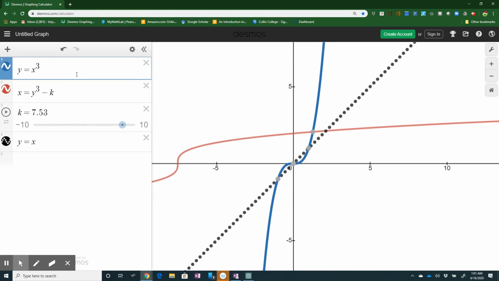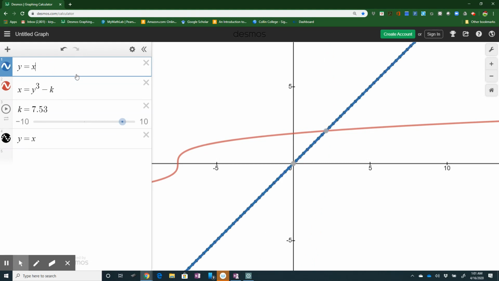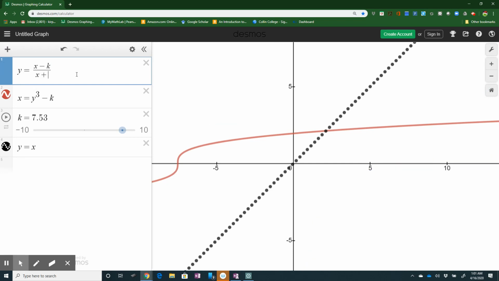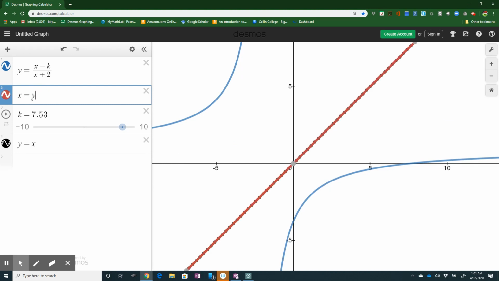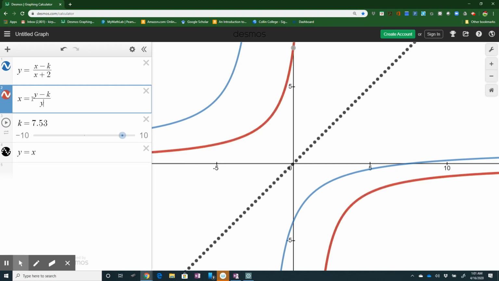Let's say I had x cubed. Let's say I had x minus k over x plus 2. Just made something up. And the inverse will literally just swap the values: y minus k over y plus 2.